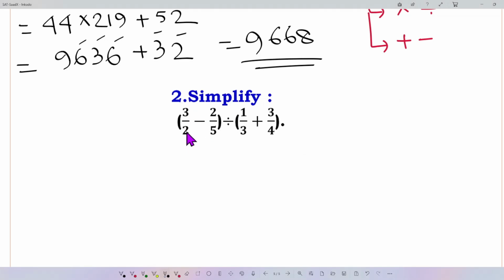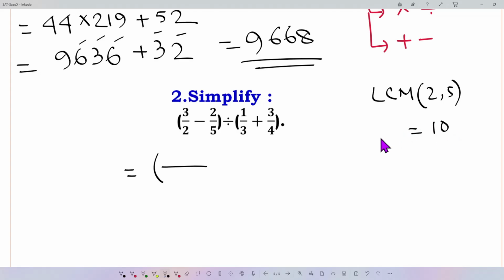Simplify. Inside bracket 3 by 2 minus 2 by 5, divide, again bracket 1 by 3 plus 3 by 4. So first we complete this bracket work, it means parenthesis. We take the LCM of 2 and 5, this is 10, right?